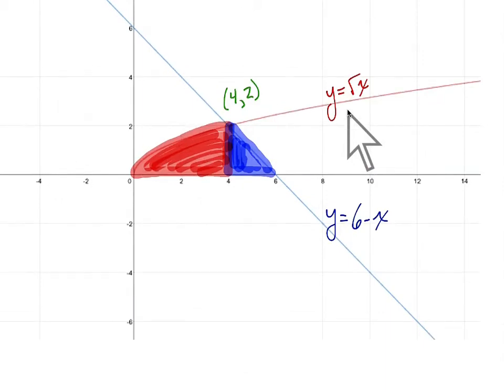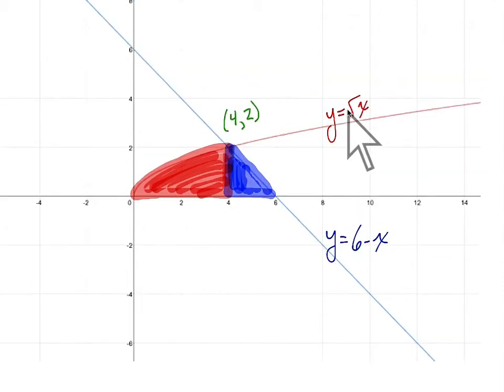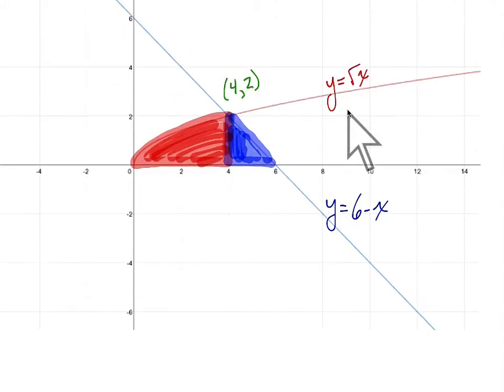The first integral we'll put down here, in red, and we are taking the integral from 0 out to 4 of pi r squared, which is square root of x squared dx.